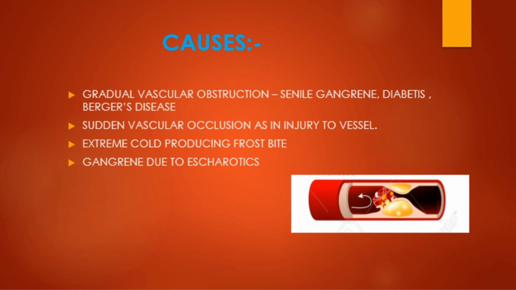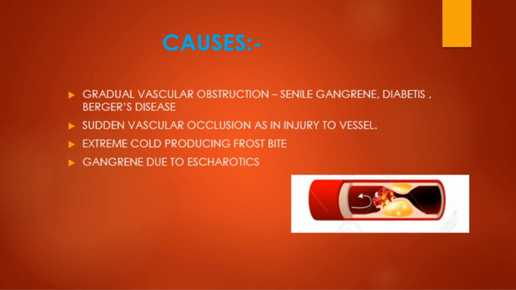It is the injury caused by freezing of the skin and underlying tissue, that is, there is extreme contraction of small arteries by cold or by direct action on arterial tissue. Then the fourth cause is gangrene due to ecchorotics, that is, a strong acid which coagulates tissue and results in gangrene. In short, all the causative factors stop the blood supply to the forward part, which becomes ischemic and necrosed, and then gangrene occurs.